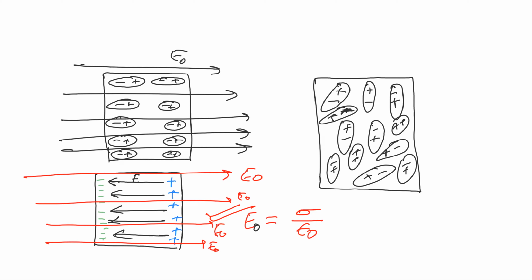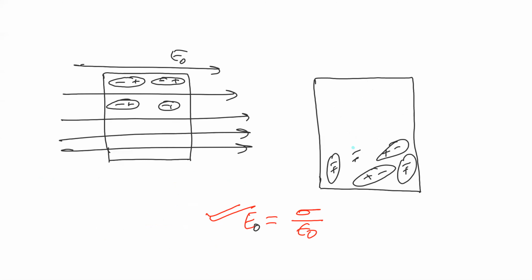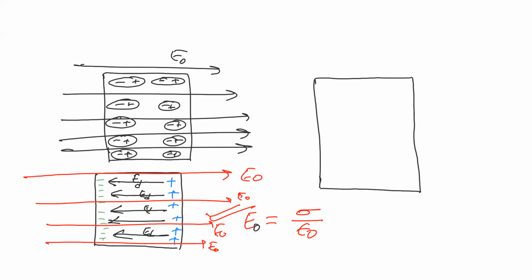Let's take that value as E dielectric, ED, meaning the field developed by them. So if we calculate the net electric field inside the dielectric, the net field will be equal to E naught minus ED, because E naught is still stronger.